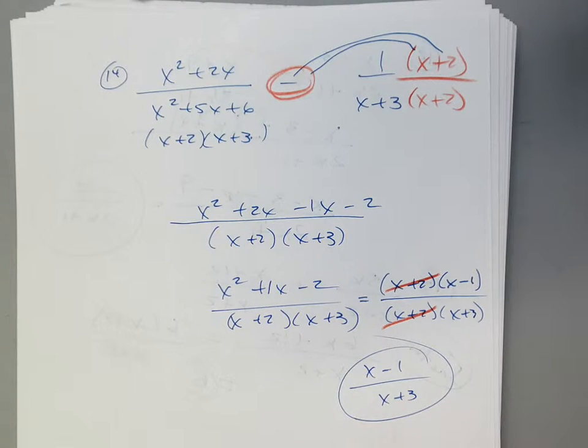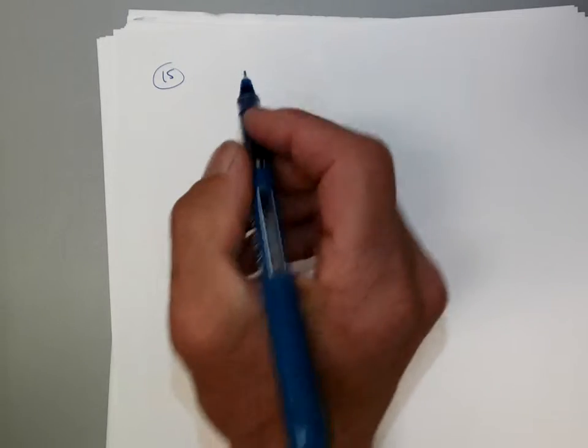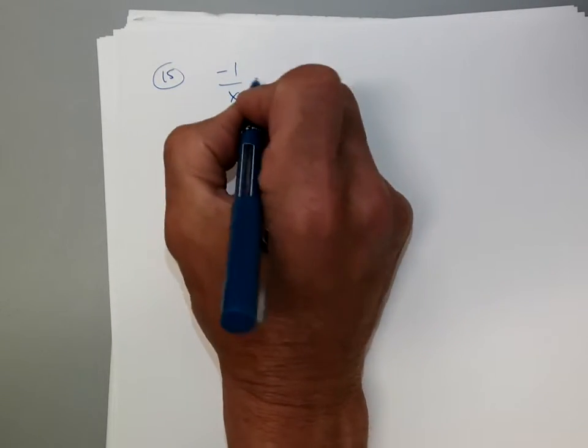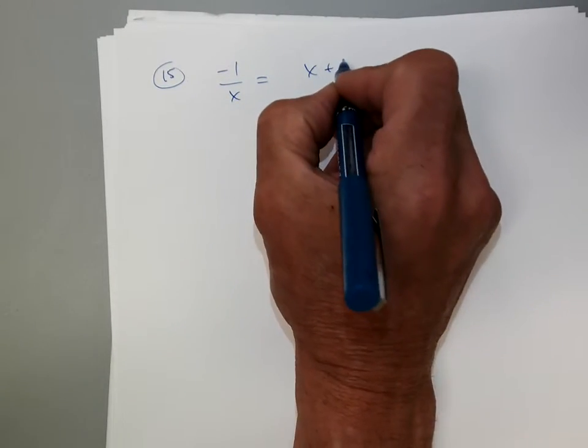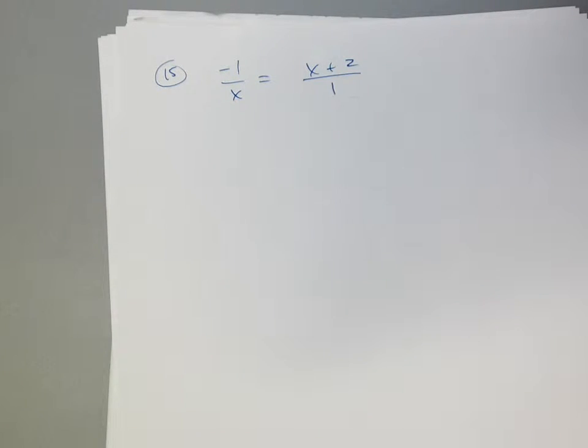Okay, whisk this away. Okay, 15 is going to be easy. I've got negative 1 over x equals x plus 2 over 1. Now, I don't need to put the 1 there. I did just to help us out. How about cross multiply?